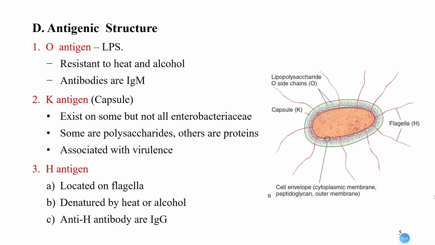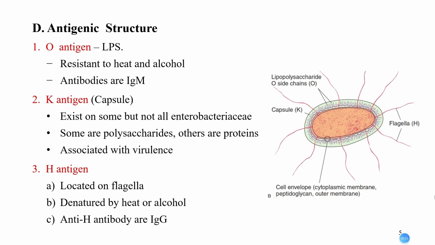Another antigen of this big family is the K antigen. K here stands for capsule. It's something covering the bacterial cell. We call it capsule. Sometimes you can actually see the capsule structure if the capsule is thick enough. But sometimes the capsule is just a thin layer.